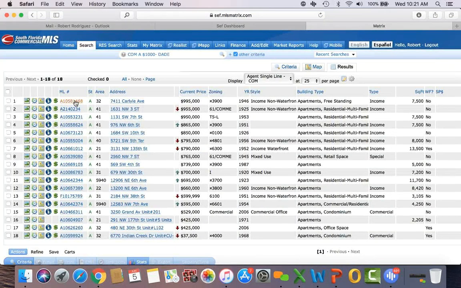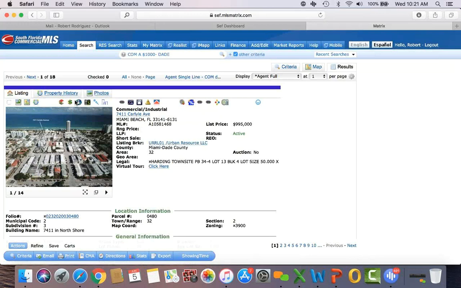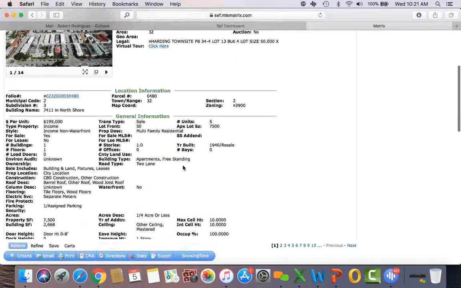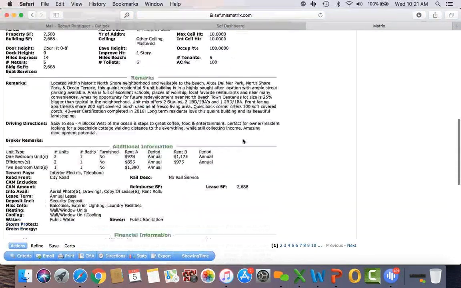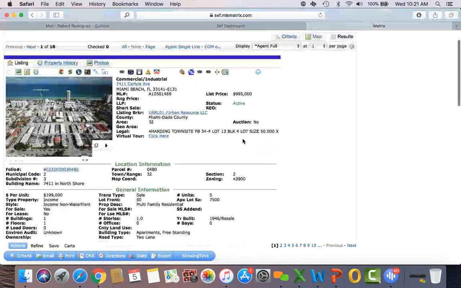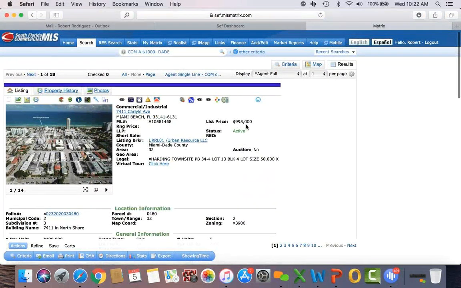So what I'm going to do is I'm going to click on one of these, and I actually want to find out the value of the property by using iMapp. So here we have a 5-unit multifamily building in Miami Beach for sale at $995,000.